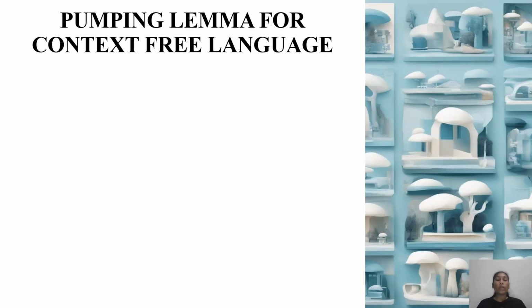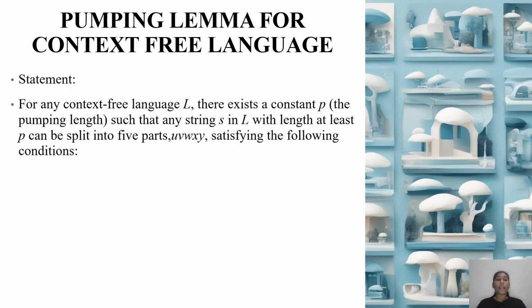Now, let us go with pumping lemma for context-free languages. Statement: for any context-free language L, there exists a constant P, the pumping length, such that any string S in L with length at least P can be split into five parts, U, V, W, X, Y, satisfying the following conditions.